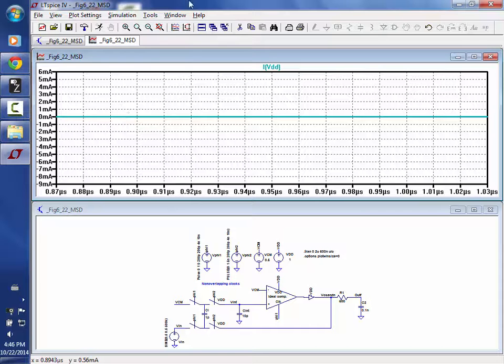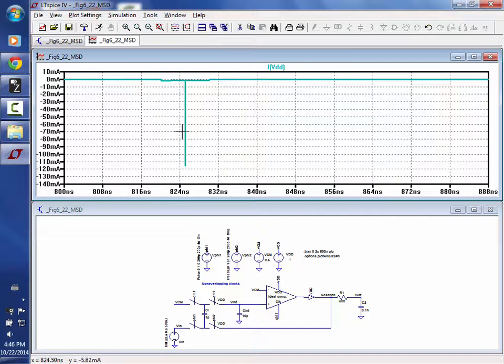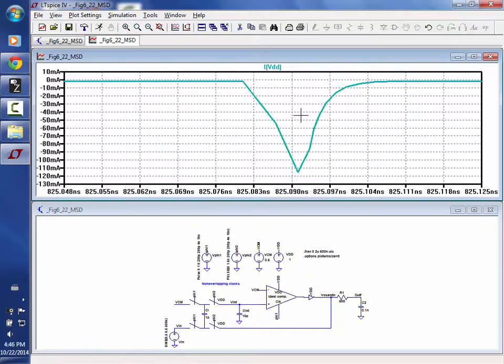If you get a good comparator design here, you can drastically reduce the power, because even though it's a tiny little chunk of current, if you had the ability to reduce this impulse here, even though it's tens of picoseconds in width, you would reduce your power even more.